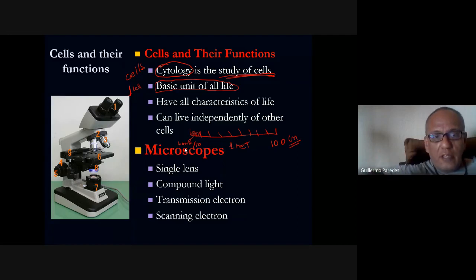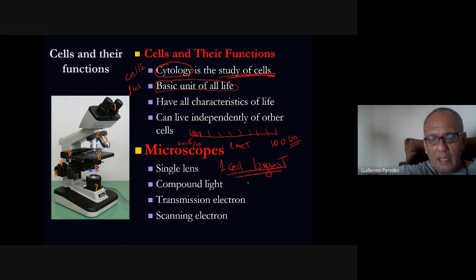Among these microorganisms, there is one cell in the body that is the largest cell in the body. This largest cell is the ovum, from the ovary. The ovum is the biggest cell in our body.